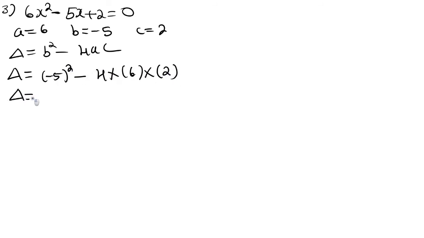So delta value is equal to minus 5 square, it is 25, minus 6 fours are 24, 24 into 2 is equal to 48. Okay, now see delta is equal to 25 minus 48, you need to calculate. That again is equal to minus 23.